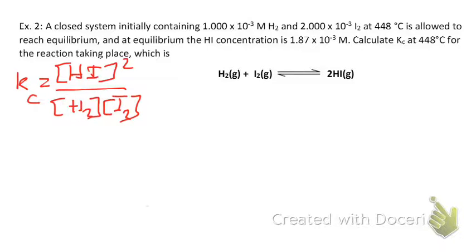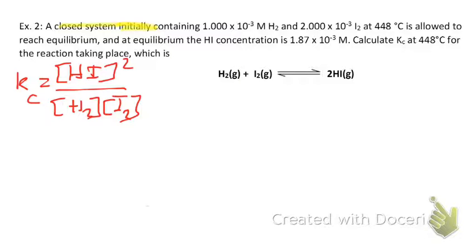Okay, so what does the problem ask us to do? It says that we have a closed system, and initially the concentration, so the initial concentrations, that means when you see the word initial, that means the starting concentrations. So these are concentrations that are not at equilibrium at all. This is what we begin the reaction with.